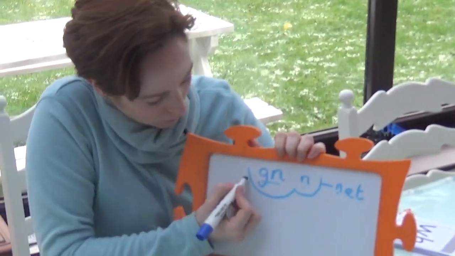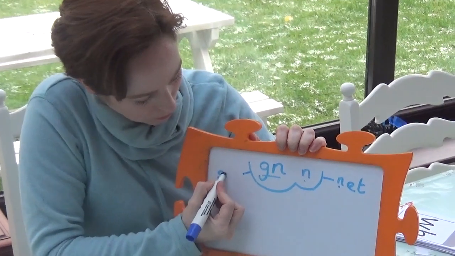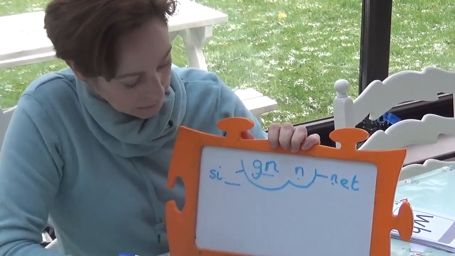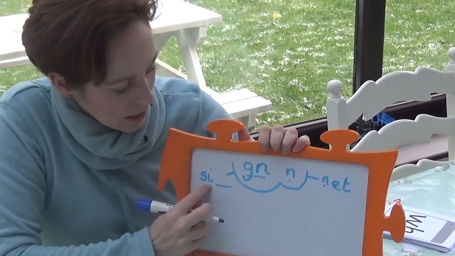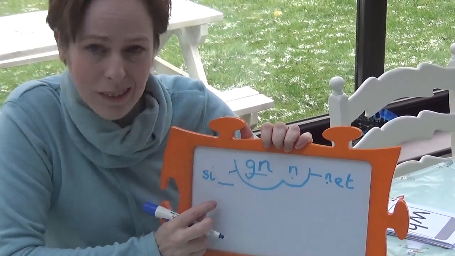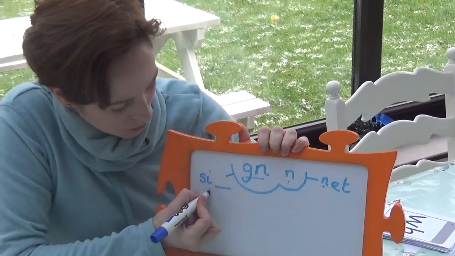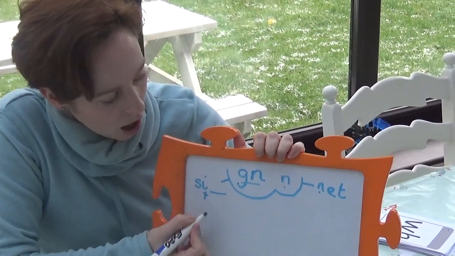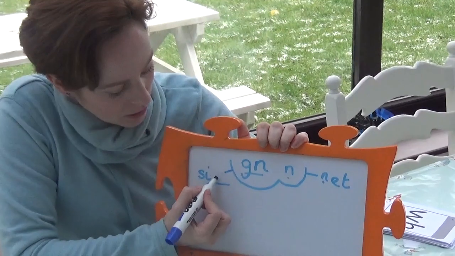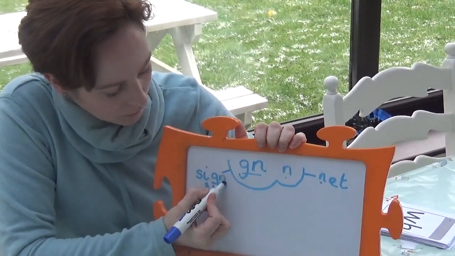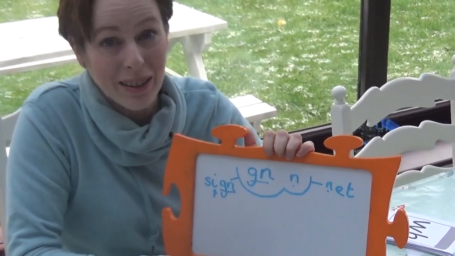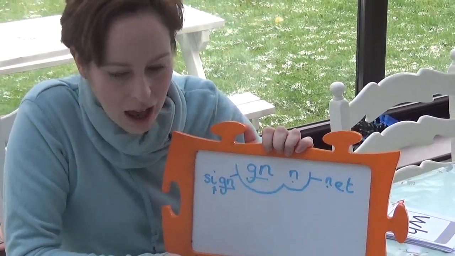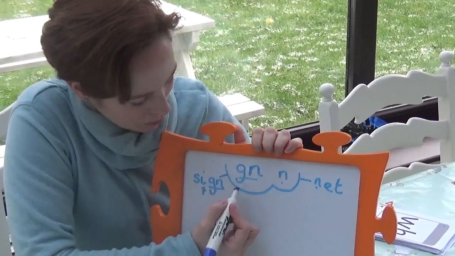What about s, i, n, sin? It's not sin. This one's being tricky as well actually. S, i, n with the digraph. Sign with the digraph, sign, like a sign that would tell you which way to go if you were following the traffic. Sign. Let's do another one.